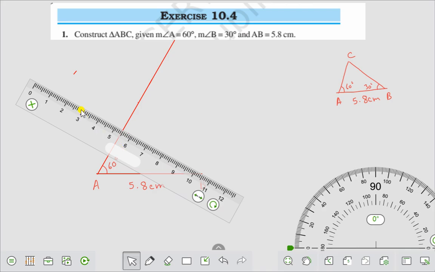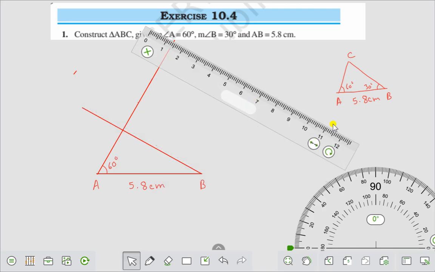Now if we join this line, you'll get the required triangle. Now here you see, this point is C. And this angle we got as 30 degrees.